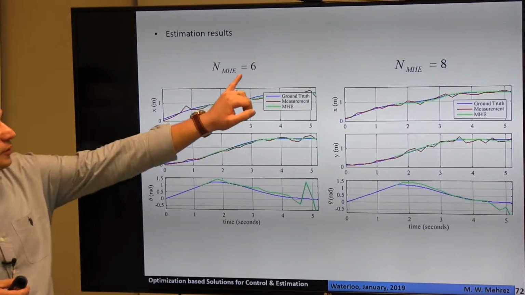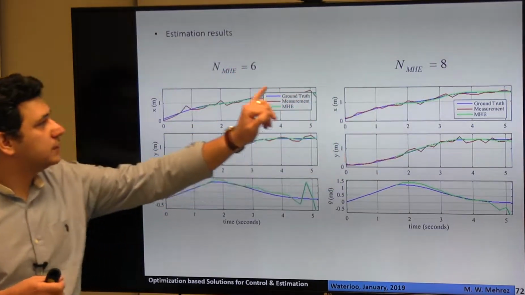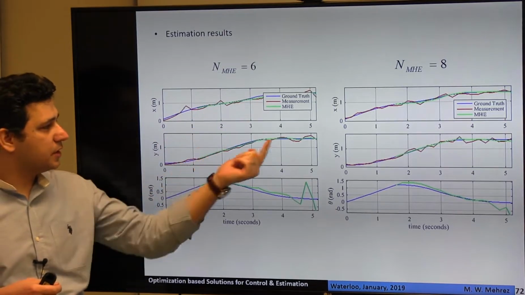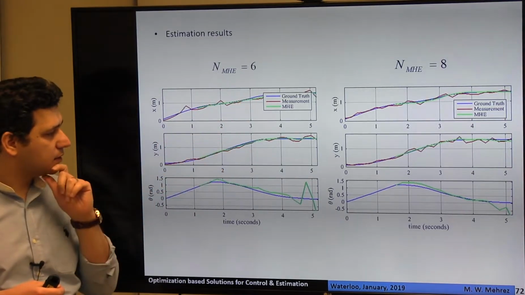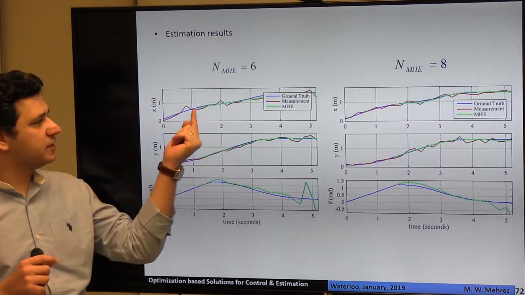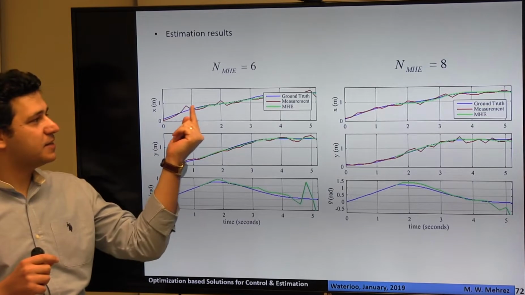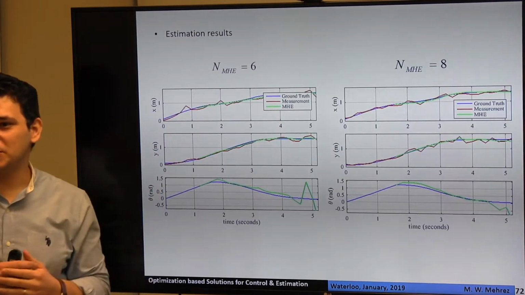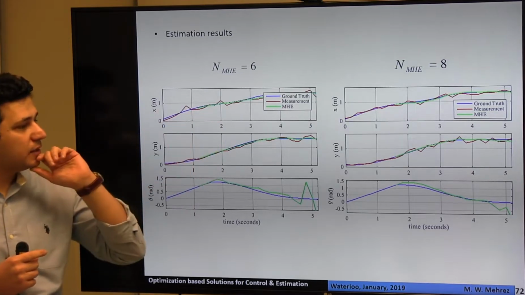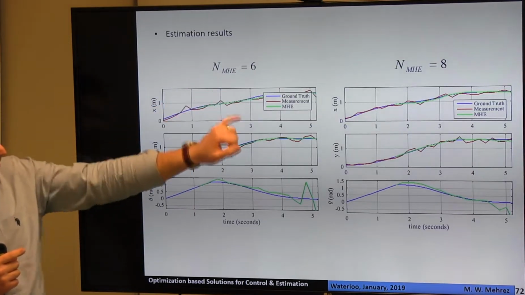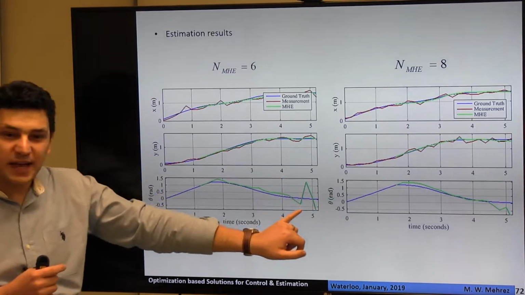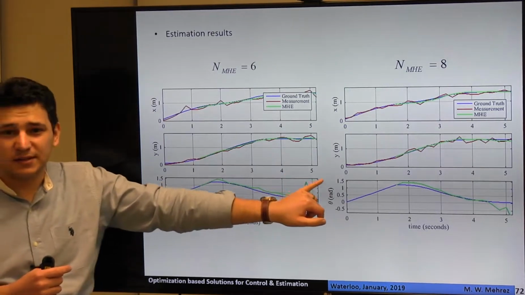Here for two different NMHE values, when NMHE is just equal to 6, we got a nice estimate for states X and Y. You will also notice that we start the estimation after the first window of measurements, to the end. As we go to the end, the estimation for the angle is pretty bad.